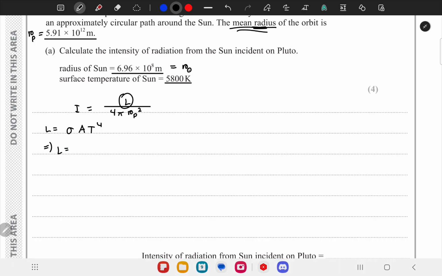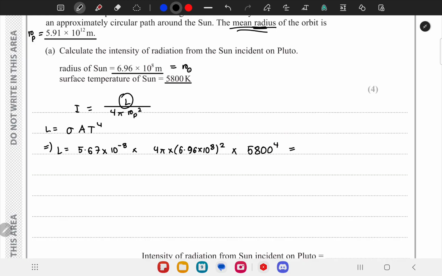So luminosity would be equal to the Stefan-Boltzmann constant 5.67 × 10^-8 times the surface area of the sun, which would be 4π times the radius of the sun squared, so 6.96 × 10^8 squared, times its temperature in Kelvin raised to the power of 4.